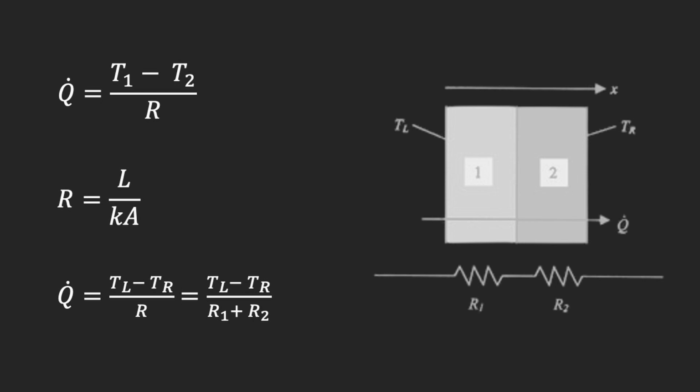Heat transfer rate is equal to our temperature gradient divided by our thermal resistance. Thermal resistance is equal to the plane thickness divided by the thermal conductivity coefficient times the area of the surface conducting heat. So to solve this problem, you can see that the heat transfer rate would equal TL minus TR over our resistance. And our resistance for this thermal network is both R1 and R2 added up in series.